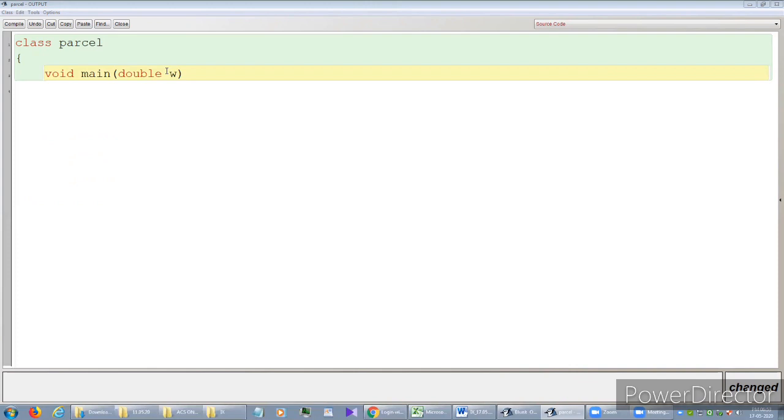So now weight is given in what? The weight is given in kilogram. So let's assume that input is given by the user in gram. Are you getting me? Hello? Yes, okay.